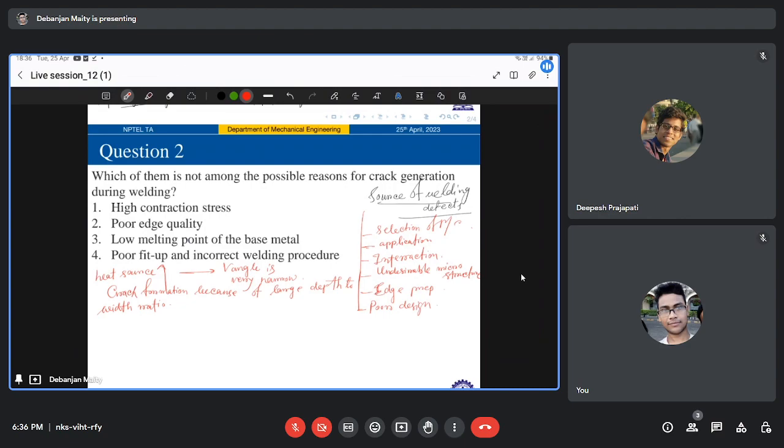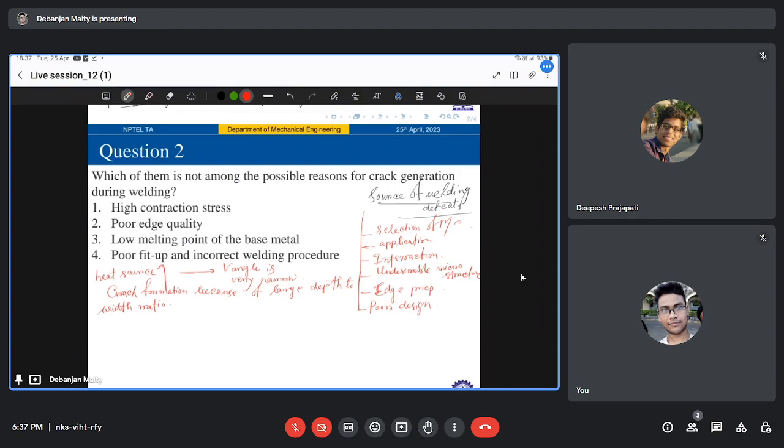Now, in terms of improper application of welding process, what do I mean? In that case you are using some improper application, like improper shielding gas, or you are not choosing the appropriate welding current which you need to select, depending on the dimension of the plates to be joined, or depending upon different processes. You have to use a proper current setting, right?